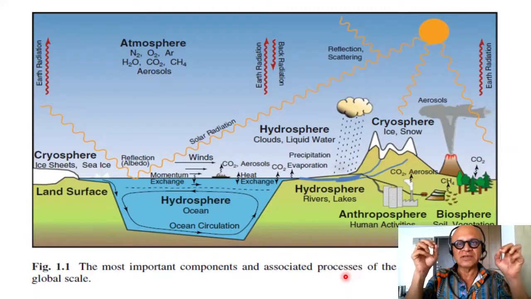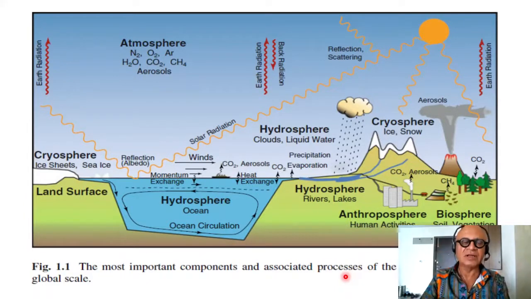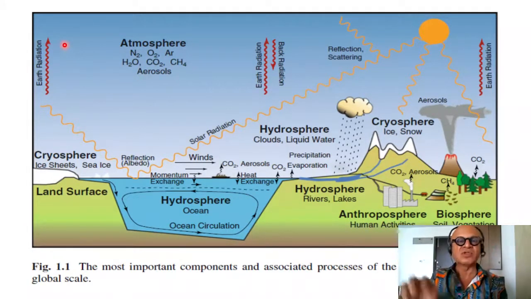And each grid is going to represent climate, which includes all these processes which we looked at under the climate system, for example. So there is energy coming in and there is energy going out, which is the main driver on top.